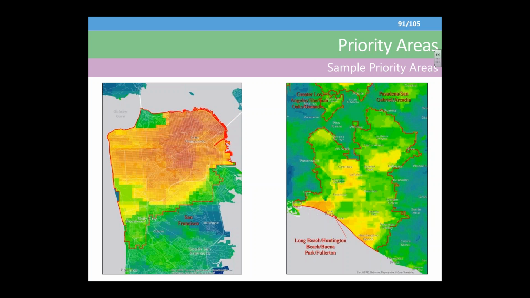Jim, use that microphone. Thank you. Jim McKinney here. So I really appreciate all the efforts of ARB to use publicly available data in your model and in this discussion.